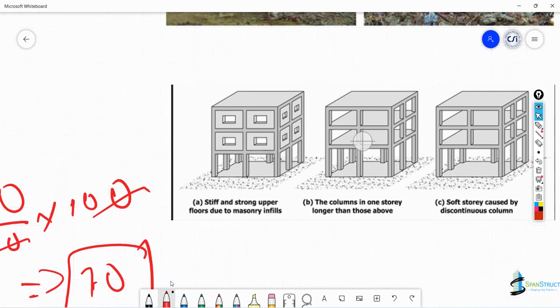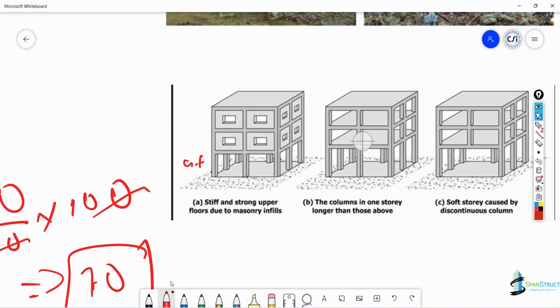If you see the first case here, there is no masonry infill wall in the ground floor. If I consider this as the ground floor, like an apartment building, there are no masonry infill walls in the ground floor, so this will come under the soft story, because the stiffness above is more compared to below it.